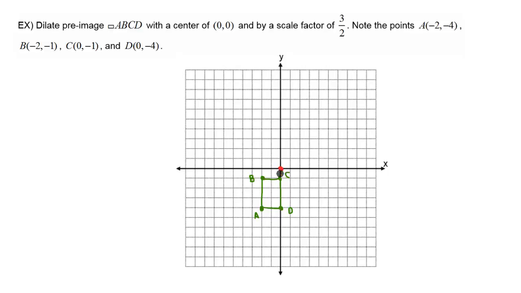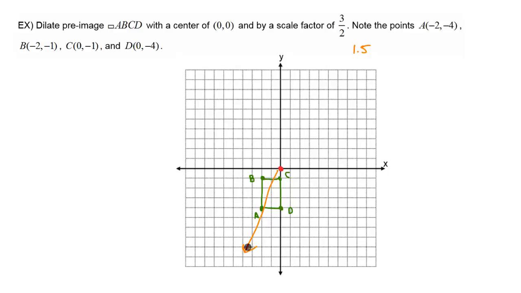Now we need to dilate it with that center. So I'm going to take my scale factor of 3 over 2, which is the same as 1.5, and because it's greater than 1, when we dilate it, we know that it's going to be an enlargement.